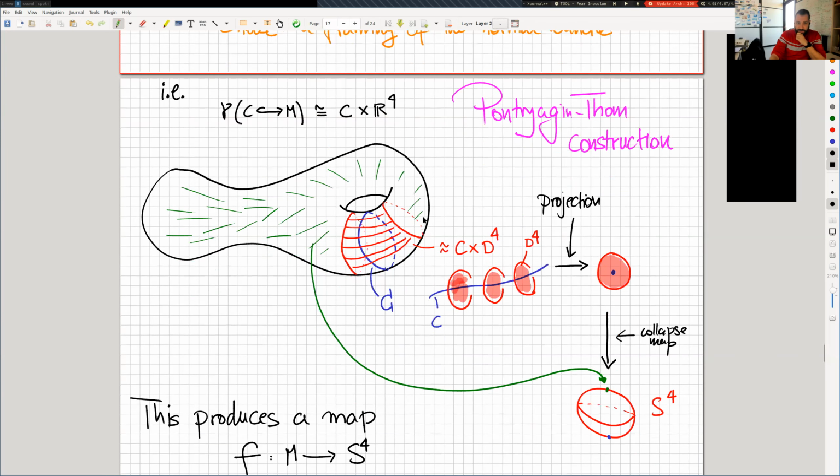So what is the situation? We have this normal bundle. This is an abstract normal bundle, but if we choose a framing, we have a concrete isomorphism between this normal bundle and C times R4.